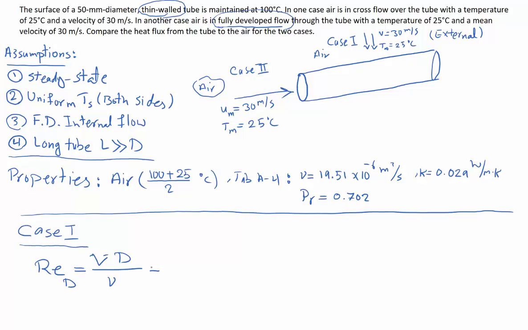This turns out to be 30 meters per second times 0.05 meter over 19.51 times 10 to the minus 6 meters squared per second. If you solve this, the Reynolds number will be 7.69 times 10 to the 4.